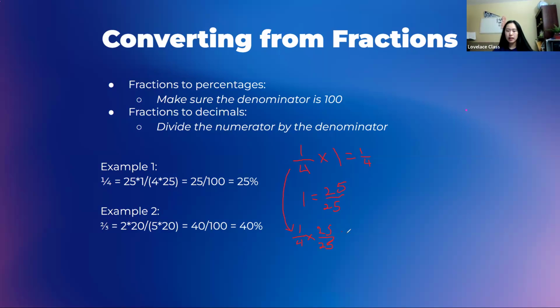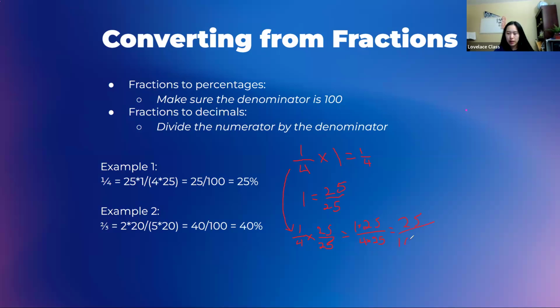So in this case, this just equals 1 times 25 over 4 times 25. Okay, so then now 1 times 25, 1 times any number is itself, so this is just 25. And then 4 times 25 is 100.